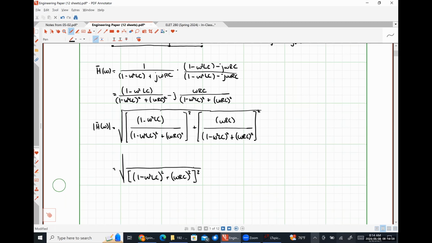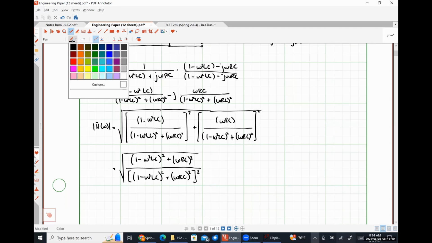And then what's going to go on with my numerator? Well, it's just going to be the square of the numerator on the left plus the square of the numerator on the right. So that is nothing more than 1 minus omega squared LC quantity squared plus omega RC quantity squared.